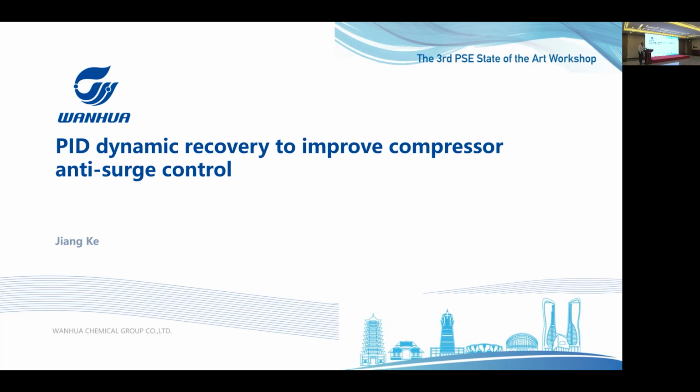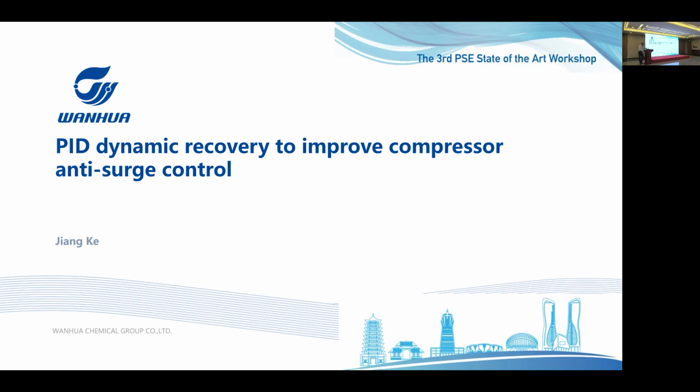Then if the process value, the pressure, goes above 7 bar, we want to open the vent valve to flare or something like that. So this is the intention of the protection controller.